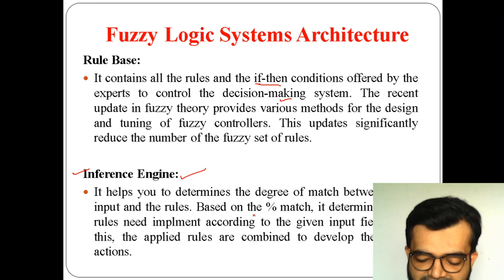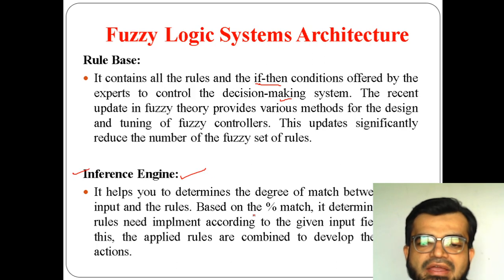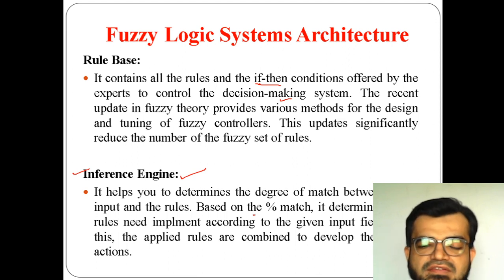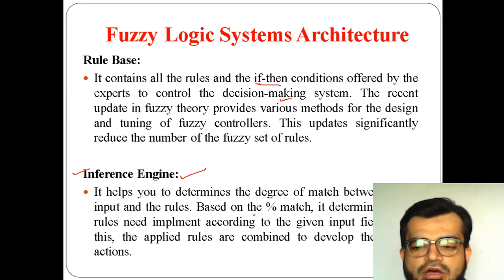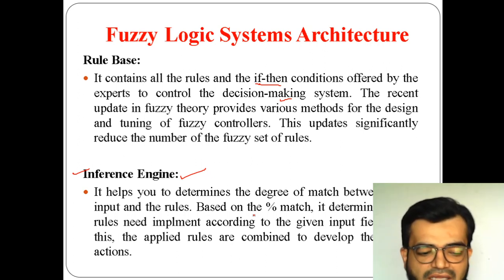So for example, consider a washing machine. A washing machine also uses fuzzy set technology. Based on the input, if you have given a dirty cloth, a more dirty cloth, there is an action: the time period increases, because the input is of a quality that requires more time.